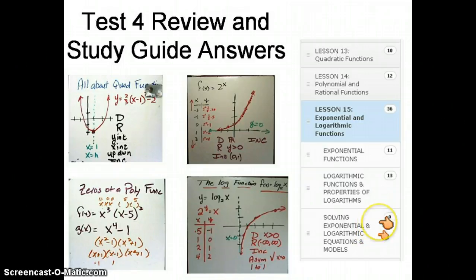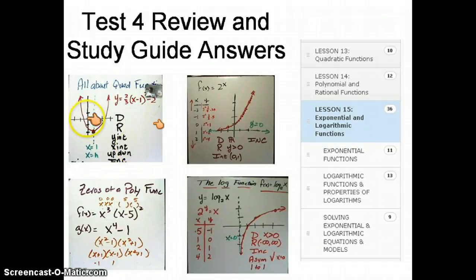Now, if you'll notice over here, we have a little visual of one of the tiles I was using in the introduction to quadratics. And if you notice, we need to know what the function's about, the actual writing of it, and the graph. Domain, range, y-intercept, x-intercept.